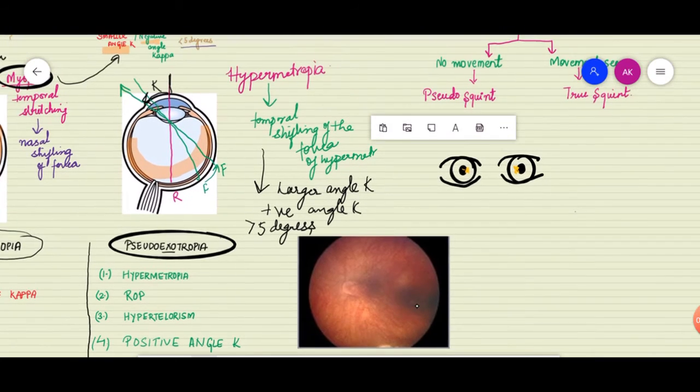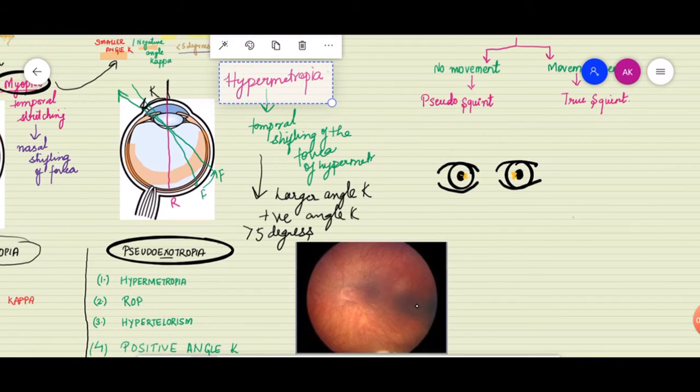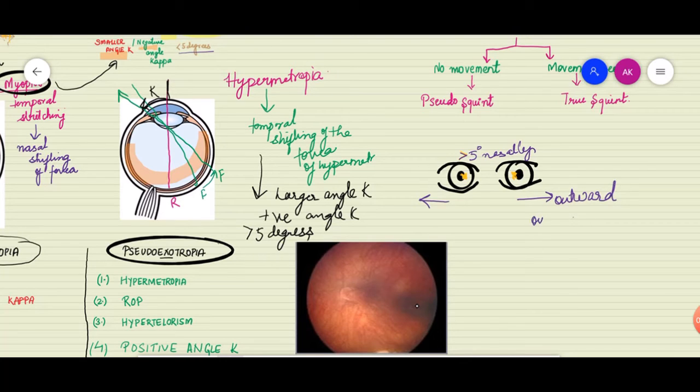Now what will happen in a hypermetropic eye is, as we already know, that the angle kappa will be more. Because the angle kappa is more, this reflex will be shifted more than 5 degrees nasally. That means it will look more nasal compared to normal. If the reflex is more nasal, we might think that the eye is shifted outwards, that there is an outward deviation, which is called exodeviation.